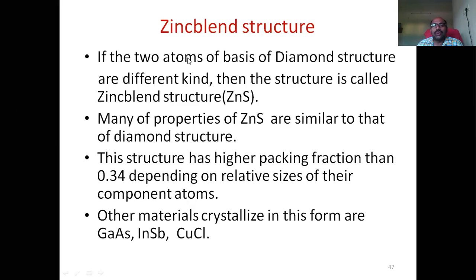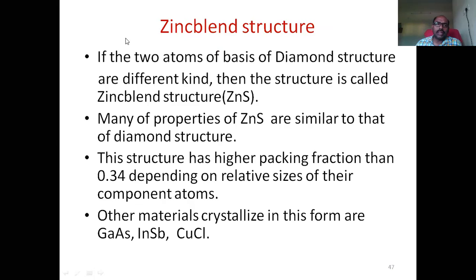In case of two carbons, they are similar in size, but whenever we take different atoms, they may differ in sizes, and hence there is change in packing fraction. Other materials crystallize in this form: gallium arsenide, indium antimony, and copper chloride. These are the other materials in this structure.